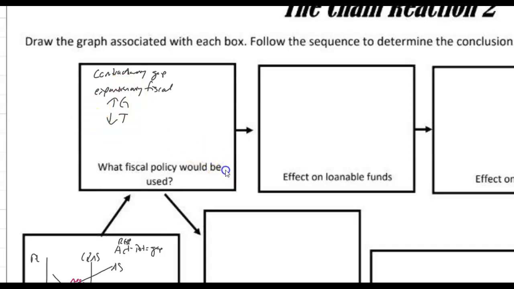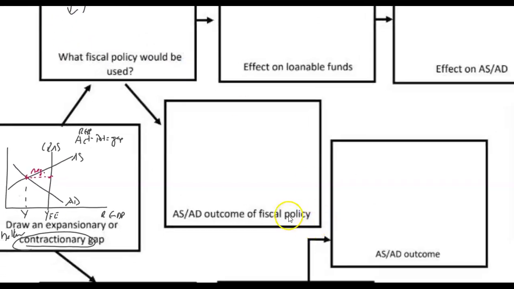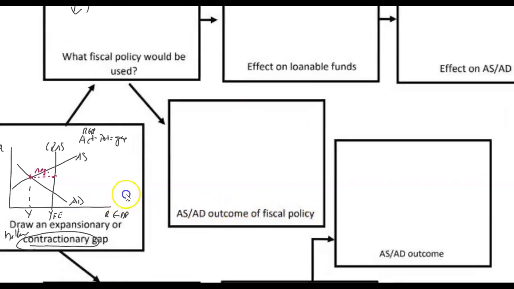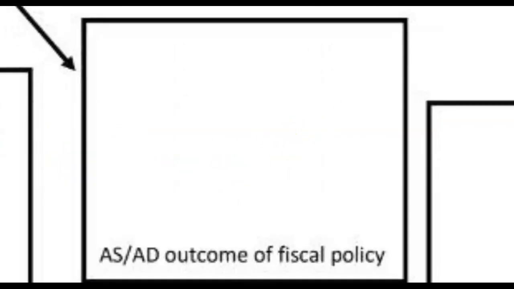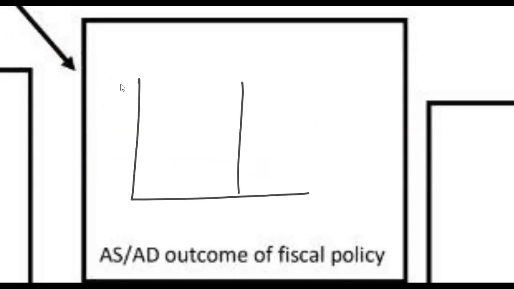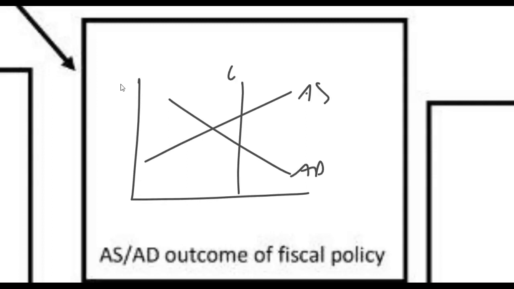How would these expansionary policies impact the AS-AD graph? I'll draw it again. Presumably, we are below full employment. Drawing a quick version right here, and with the benefit of the expansionary policy, we are going to go to right here.